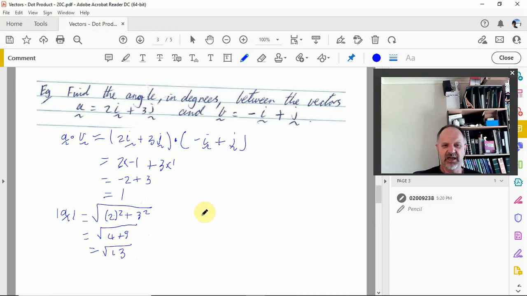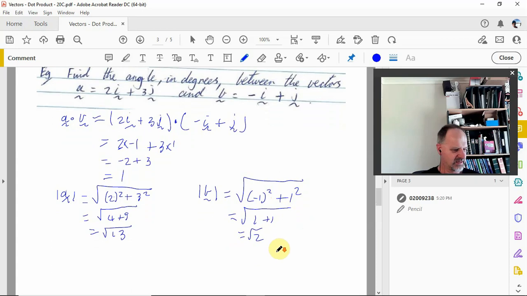All right, and the magnitude of B, we need that. That's the square root of negative 1 squared. I'll put that in brackets to remind us we're multiplying negative 1 by itself, which of course is 1, so root 2. All right then, so let's have a look.